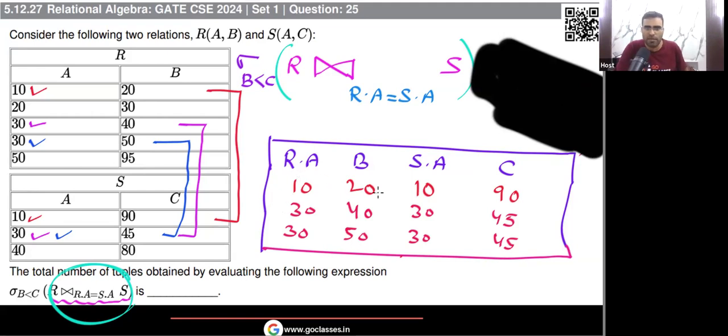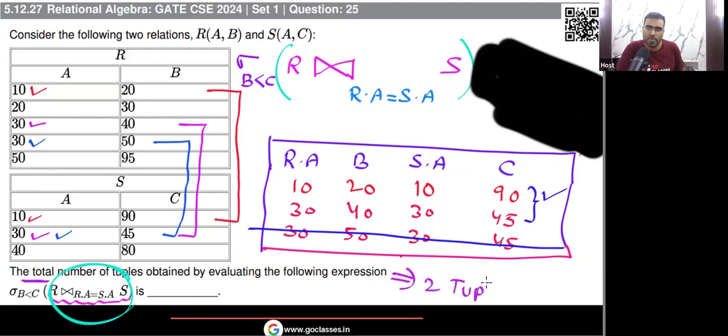So the value of b must be less than the value of c. Finally, I can say this tuple will be rejected, yes or no? This tuple will be gone. So the remaining two tuples will be in the output. So the number of tuples in the output, the answer, will be two tuples. Okay, is this clear? Very simple question.